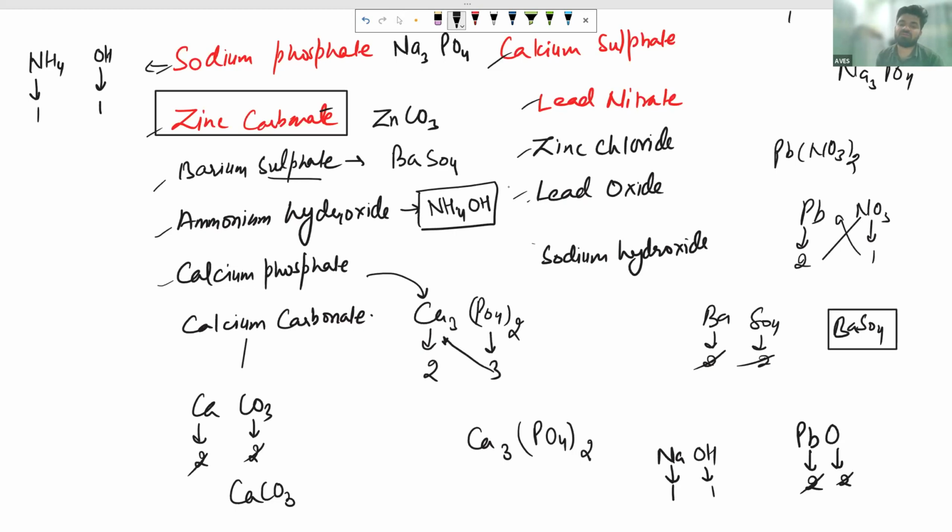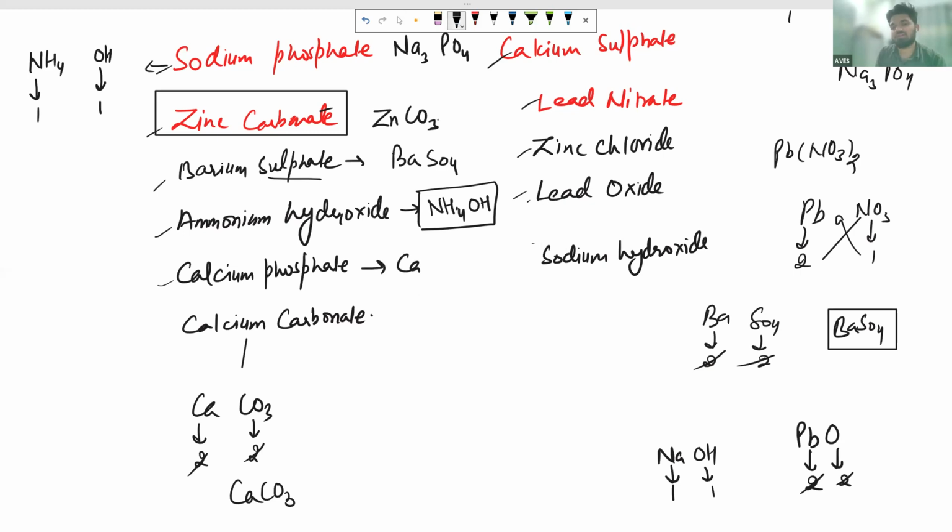So this will cross multiply. This 3 will come here and this 2 will go in the bracket. So Ca3PO4 whole twice. Understood? Note down the formula properly. The formula is Ca3PO4 whole twice.